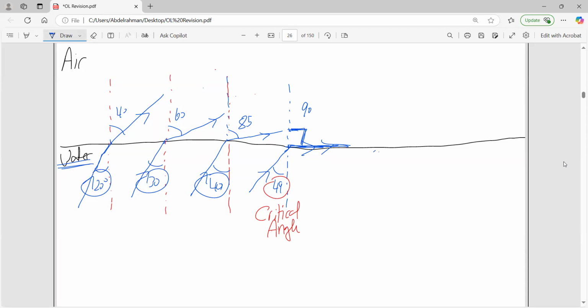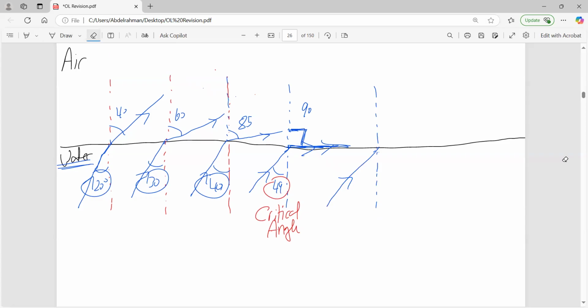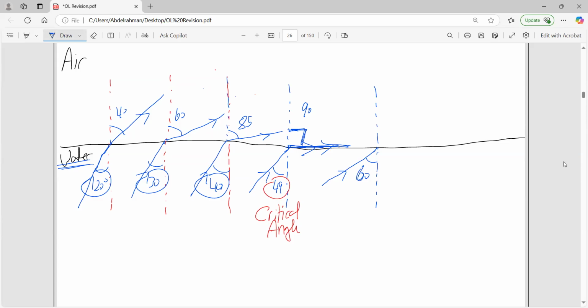If the angle of incidence, let's say, was 60, 70, anything above the critical angle for this medium, let's say this angle was 60, definitely we need to increase it way more than 50. So at 60 degrees, what happens? Total internal reflection. All of the light is reflected back inside the medium. No light is able to escape the boundary. This is called total internal reflection.